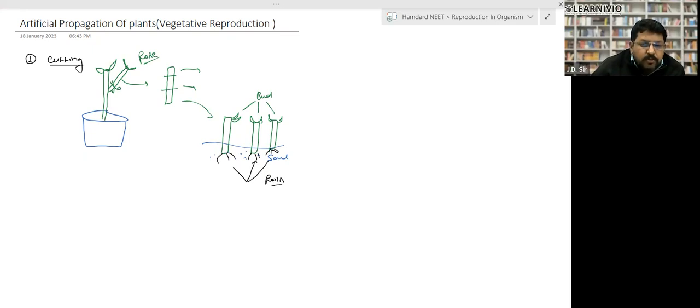These were the cutting parts, right? So this process is called cutting. Many plants are propagated this way. Roses have neither seeds nor any other means of propagation, so roses are propagated like this. Have you seen this one? Please make the diagram this way.